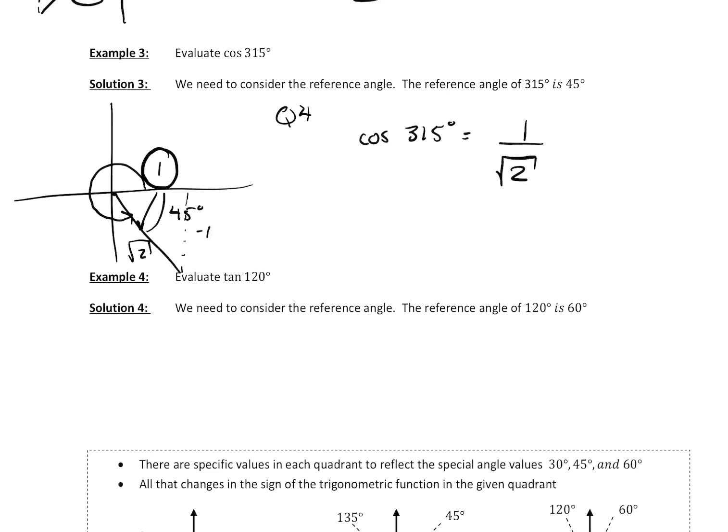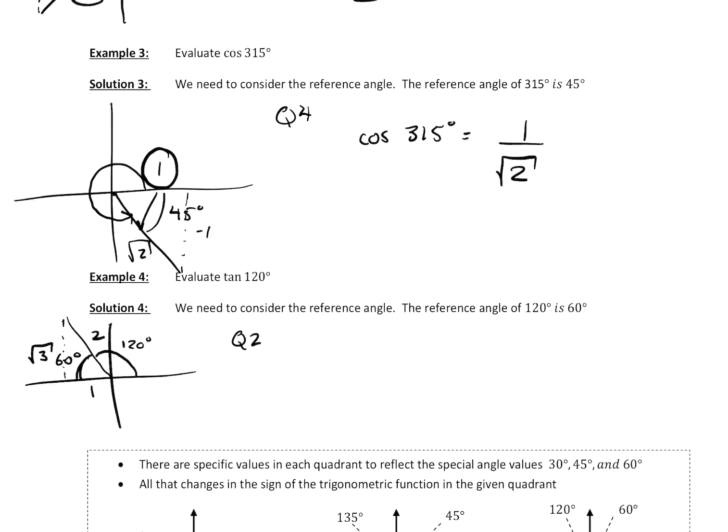And then tan of 120. So where's 120? It's in this quadrant here. It could be 90 plus 30, 120, which means that my reference angle has to be 60. And you're in Q2. So if this is 60 degrees, this is going to be my root 3, this is going to be my 1, and this is my 2.